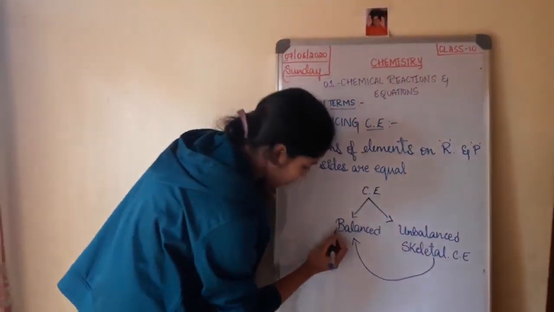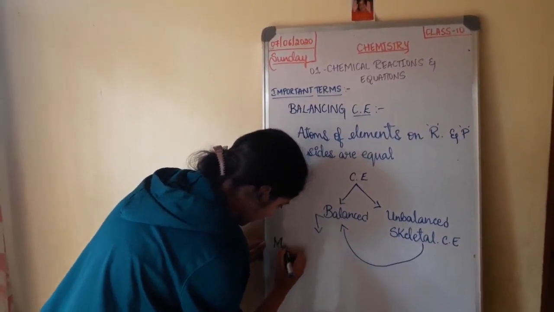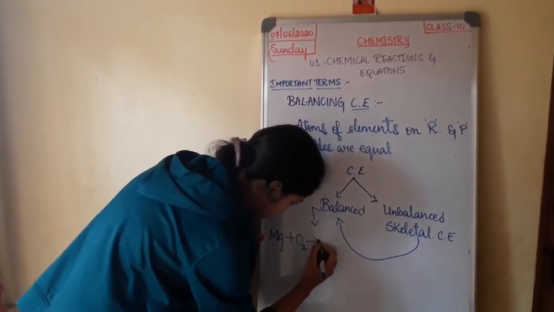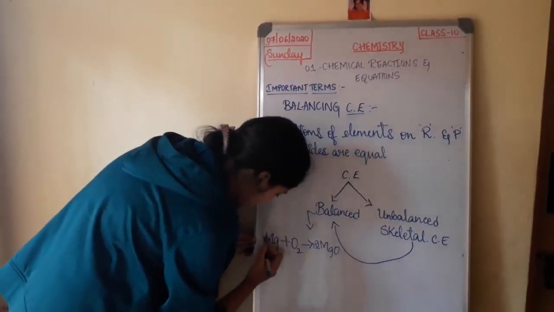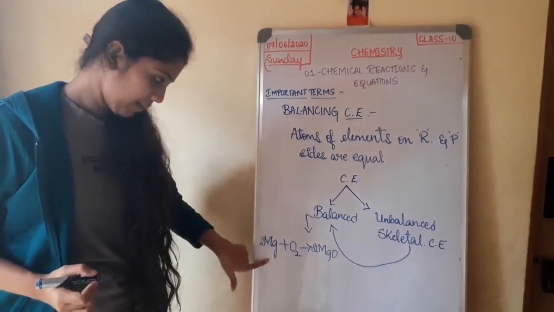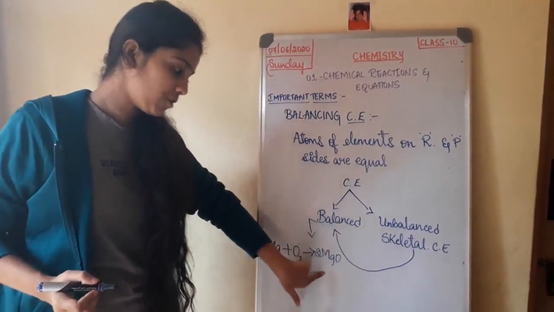For a balanced chemical equation, you have Mg plus O2 gives you 2MgO, where you add a 2. So 2Mg plus oxygen gives you 2 magnesium oxide.